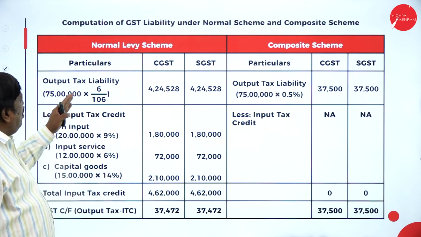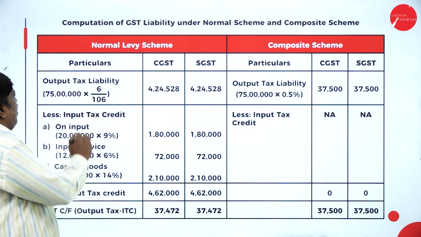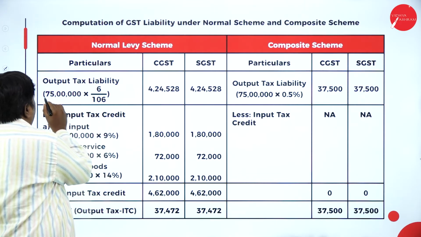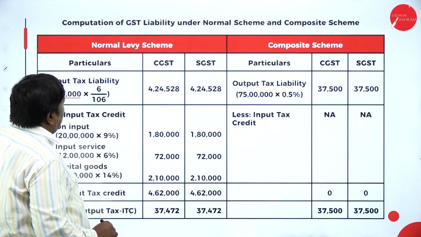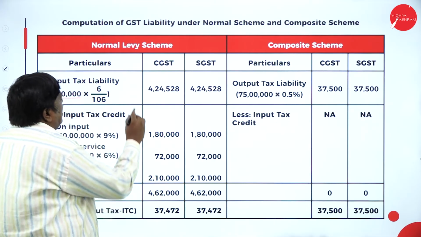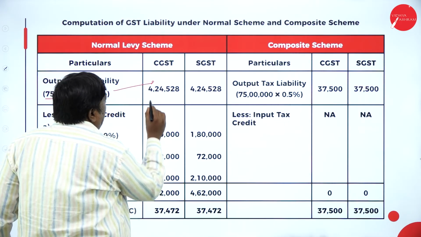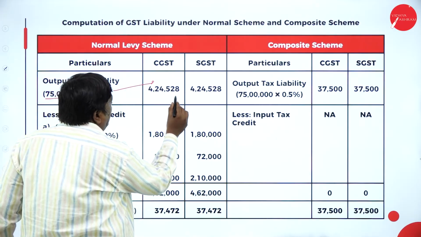Here, the output tax liability is on 75 lakh. 75 lakh into 6 by 106, the tax will be 4,24,528.